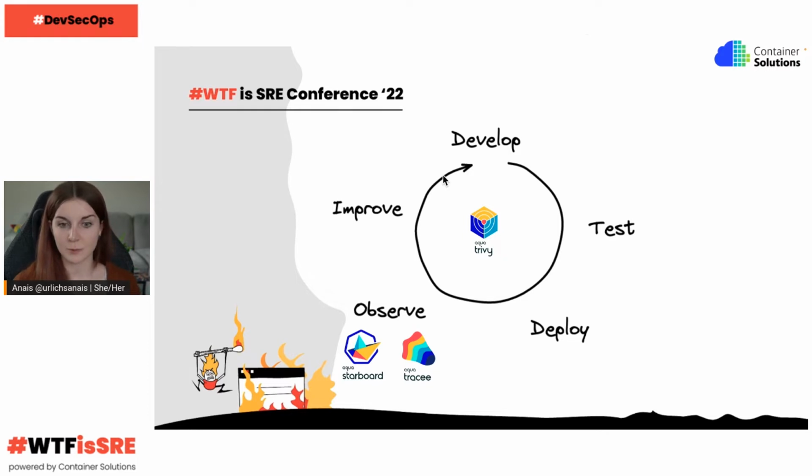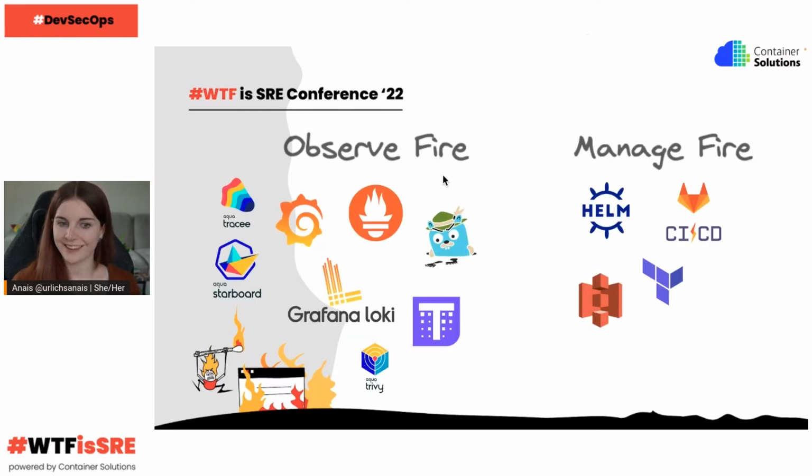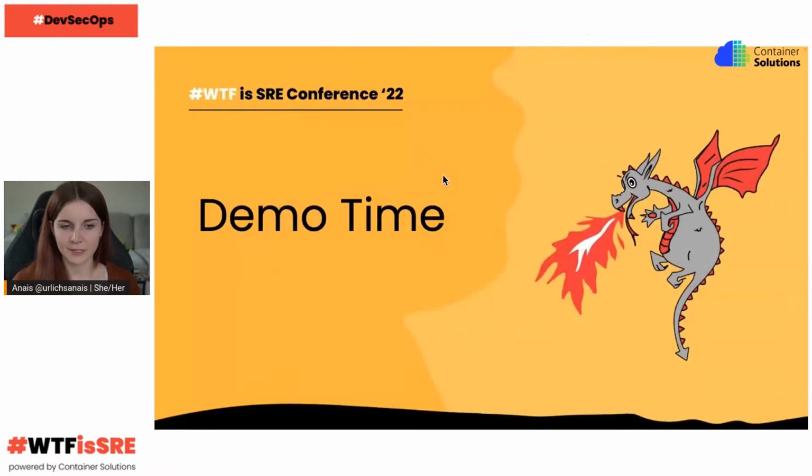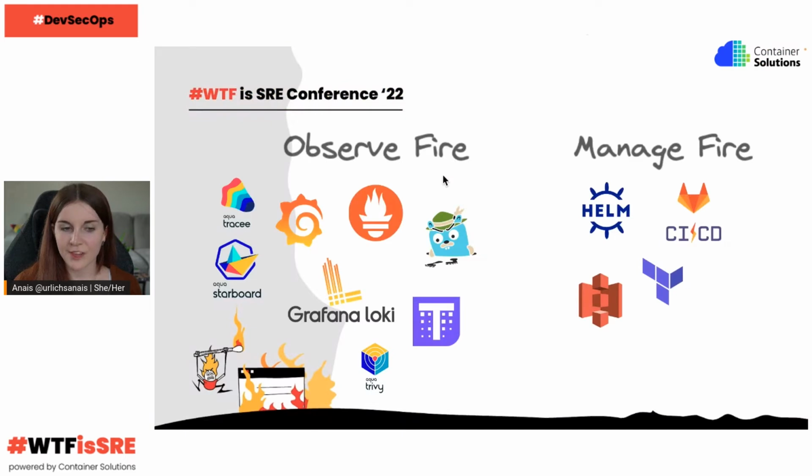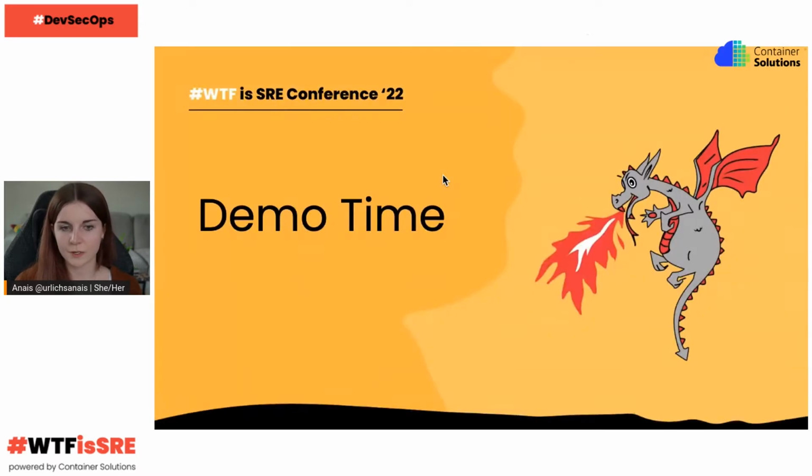I'm going to show you how we can observe them through Grafana. I'm going to use Grafana, Prometheus, Loki and Promtail for my demo, and Helm as well alongside those tools.